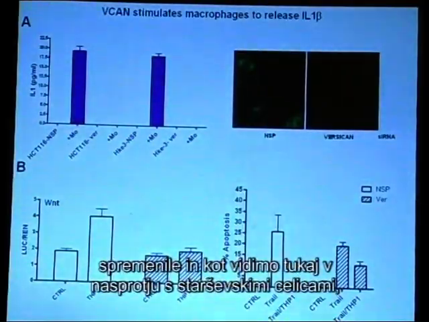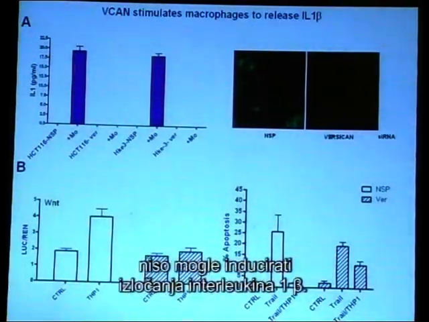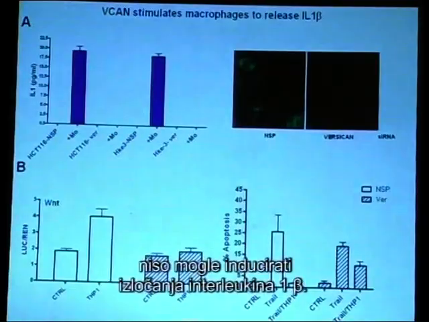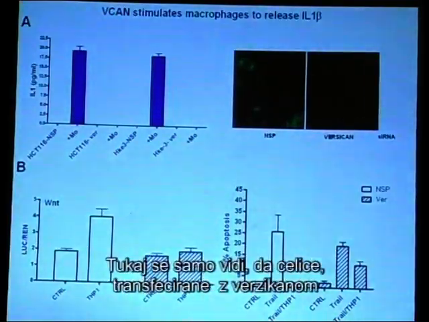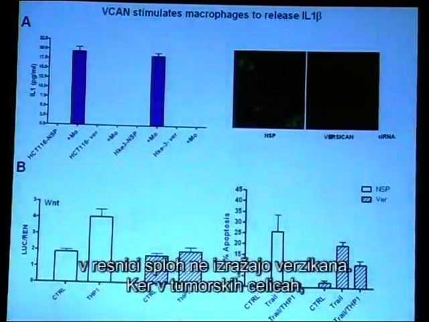As you can see here, in contrast to parental cells, tumor cells with silenced versican were not able to induce secretion of interleukin-1 beta. Here is just shown that cells transfected with versican siRNA indeed do not express versican at all.